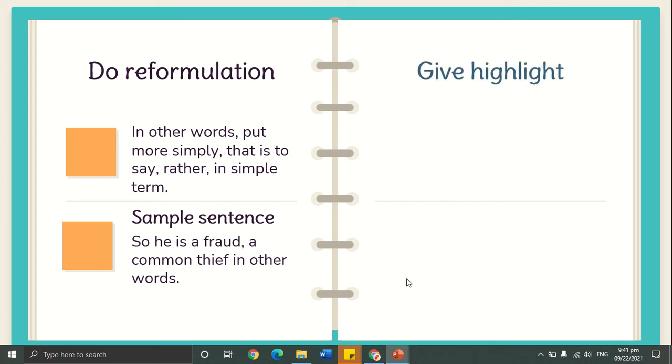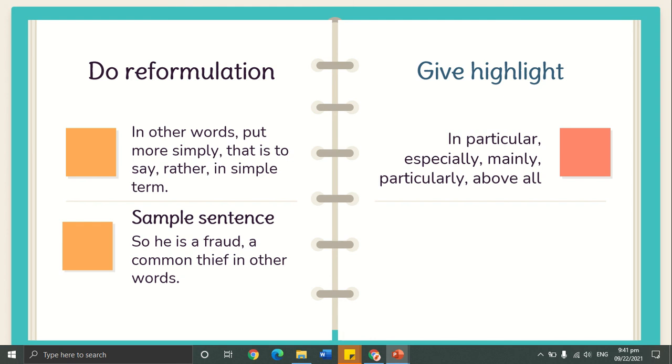The fourth one is give highlight or emphasis. Some words to use when we want to give emphasis are in particular, especially, mainly, particularly, and above all. It gives highlight to a certain idea or a certain word.